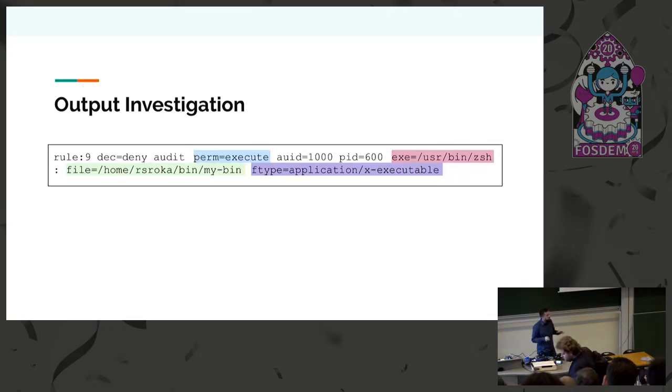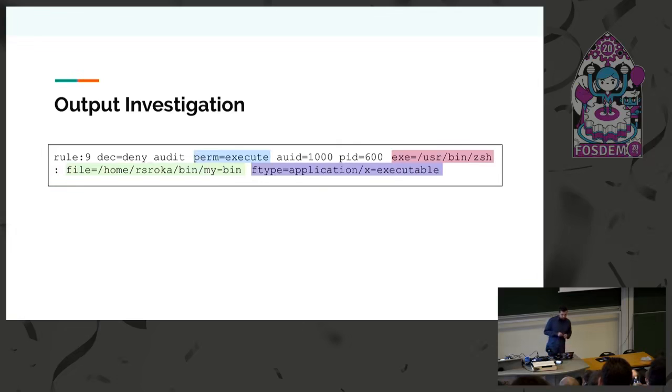It is some default rule that denies everything, let's say, and it denied this event, which had type execute and some metadata. We can see that the subject is shell, it is ZSH, and the object is my binary. So my shell would like to execute my binary with this file type as an executable.